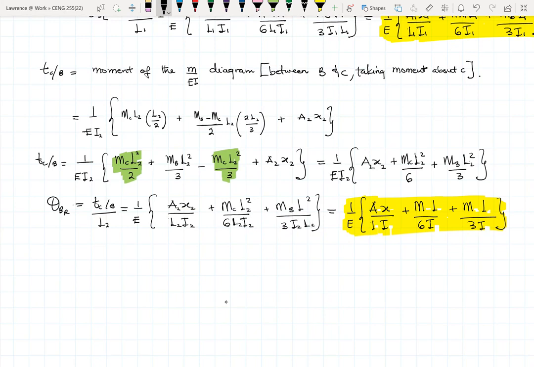They look very similar. In some cases, if they are considering settlement, these equations will be a bit longer than what we have over here.